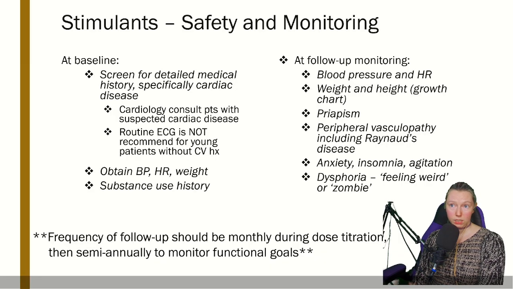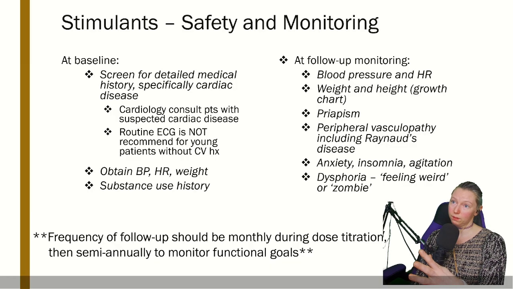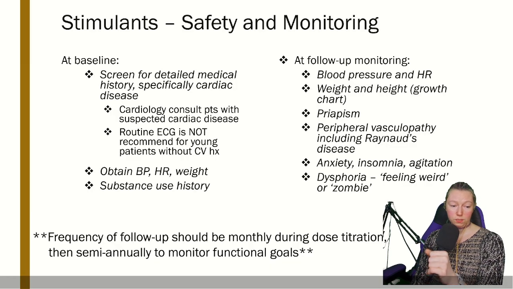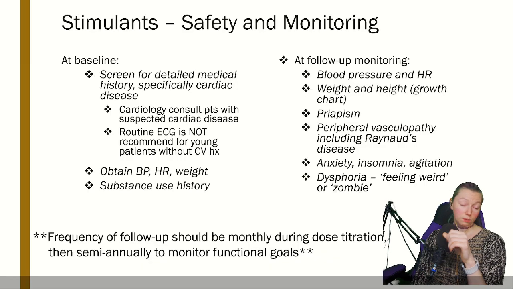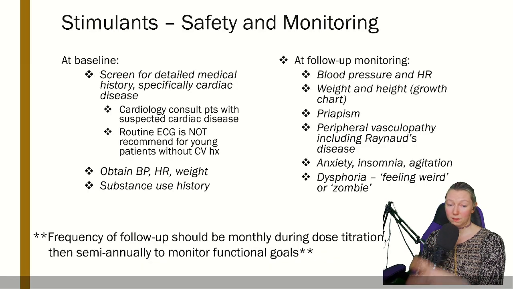But we do want to check blood pressure, heart rate, and weight, right? Growth curves for sure if they are still in their growing phase. And screening for substance use history is appropriate. At follow-up, blood pressure, heart rate, growth curves. Rare but serious, we do sometimes see priapism, which is a prolonged painful erection, and that can be potentially quite dangerous.